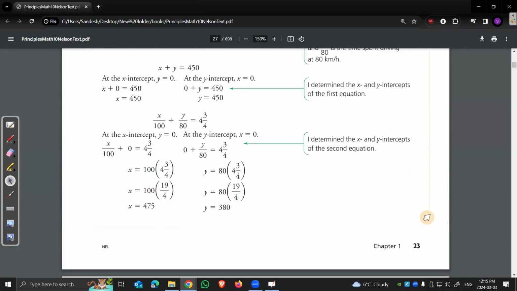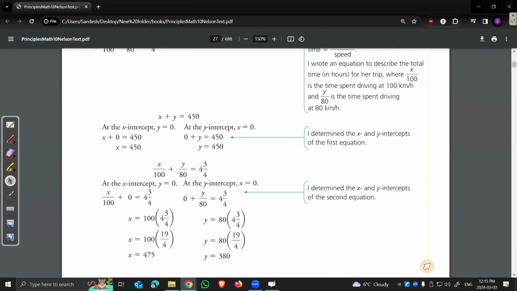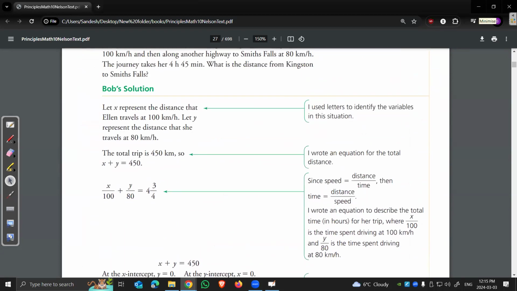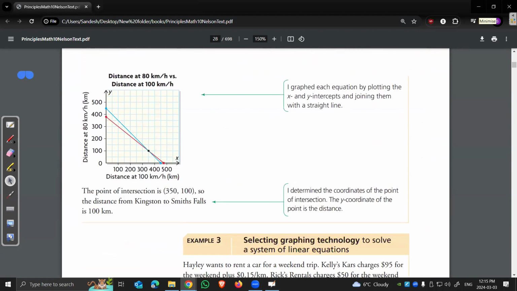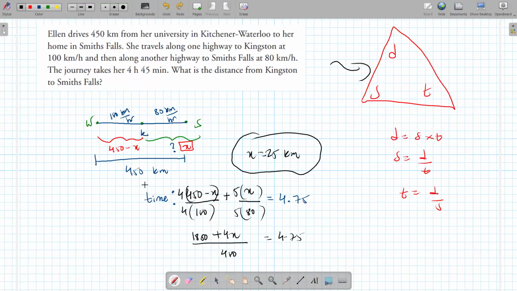Let me see, actually. I think I did something wrong. They got 100. Yeah, I know what I did wrong. It's because negative x plus 5x is 4x, not 1x.